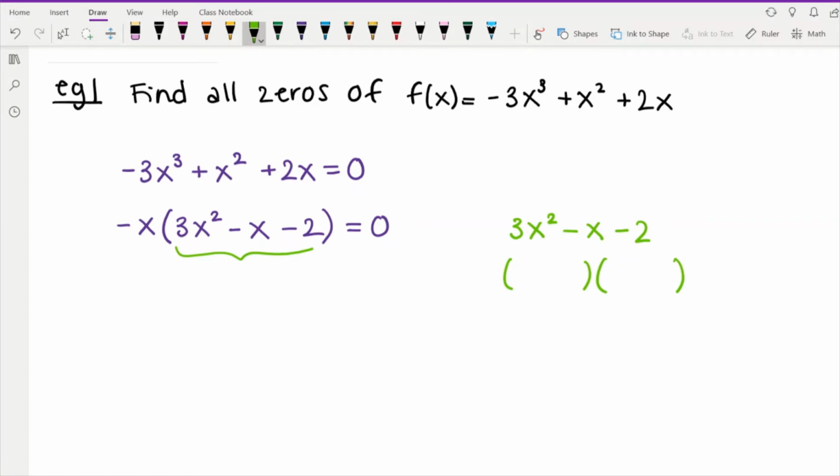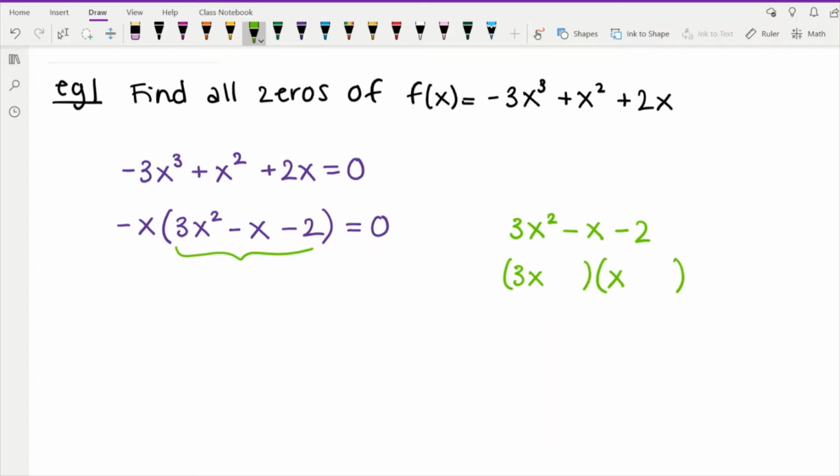When I say guess and check, I basically mean setting up what you think the two factors could be. You can figure out that there are only a few different possibilities, and you can test those possibilities and figure out which one gives you the correct answer. So if we have a 3x squared, we need to have a 3x and an x. That part is not up for debate.